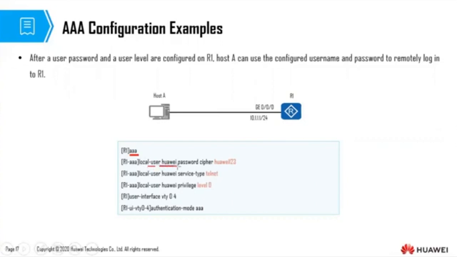You want to create a user with a username Huawei, then password cipher. Their password is Huawei123. Then you have to enable the service type. So local user Huawei, service-type telnet. Then you give them a privilege level. So local user Huawei, privilege level. Then you give them a number there.